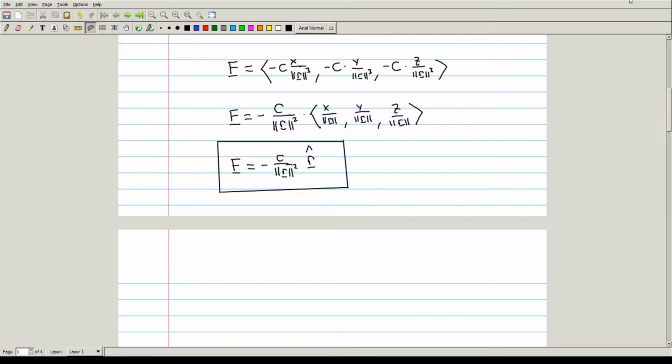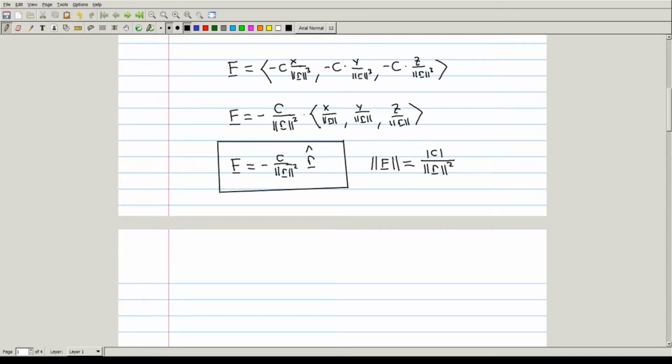And so this gives us exactly what we started out looking for: the magnitude of the force vector F is exactly equal to the absolute value of c divided by the length of r squared.